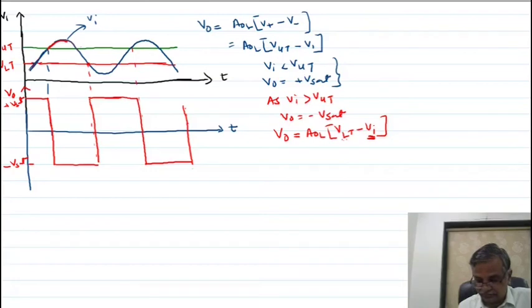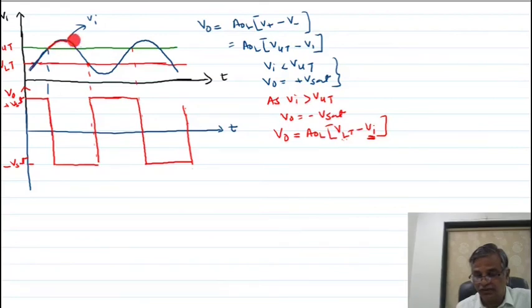Now, I think you understand. Otherwise, let me repeat again. This is your upper threshold voltage level, this is your lower threshold voltage level. This is my equation of output voltage. I am assuming my output voltage is initially plus V sat, so I am writing this equation. When input voltage is less than VUT, output is plus V sat.